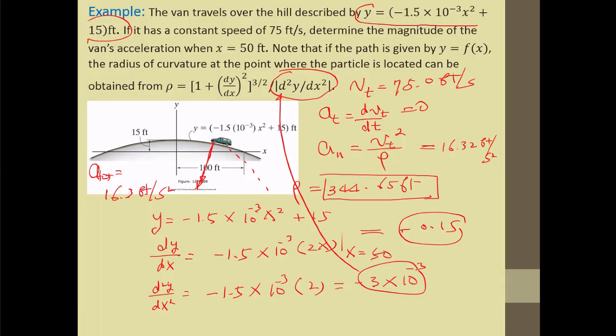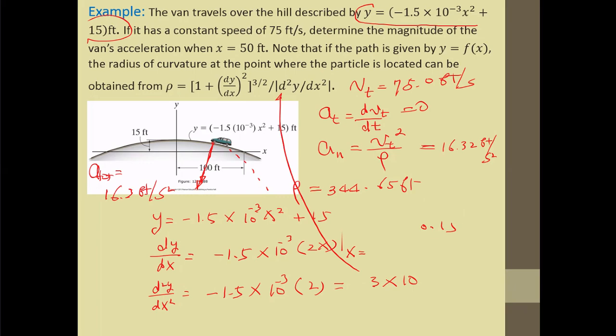Rho equals 1 plus dy over dx, the first derivative, squared, divided by the absolute value of the second derivative of y with respect to x. So this value is in the denominator and this value is on top. Then rho turns out to be 344.65 feet.